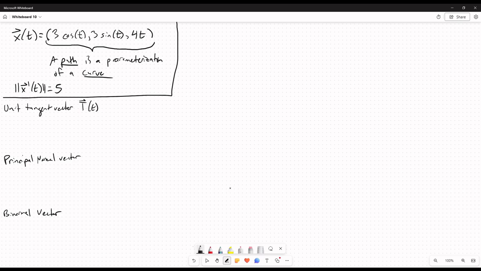So first we're going to have the unit tangent vector. I should also say these vectors are all going to be orthogonal to each other. The unit tangent vector is a vector that is going to point in the direction of the velocity.